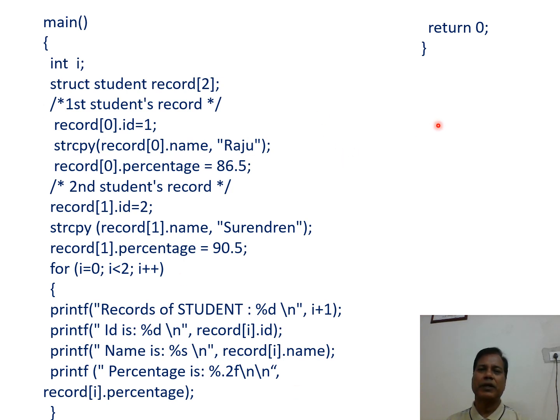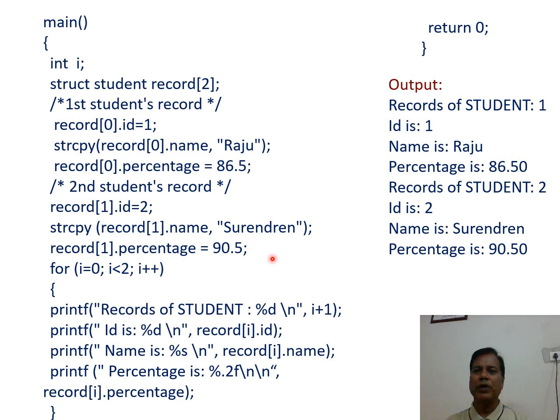So when we run this program, we get the output like this one. Record of student 1, ID is 1, name is Raju, percentage is 86.50, record of student 2, ID is 2, name is Surendran, and percentage is 90.50.